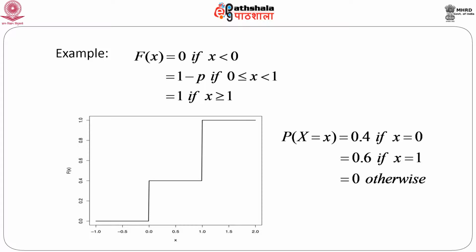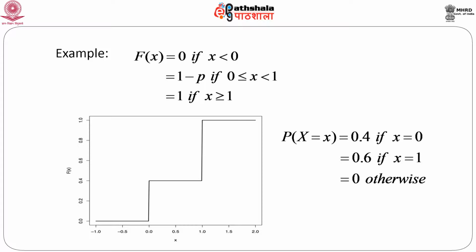So, whenever we take x equals 1, that means probability of capital X less than or equal to 1, we are just calculating the sum of these two jumps. These two are nothing but the probabilities at the points x equals 0 and x equals 1 respectively, and naturally it is 0 otherwise.